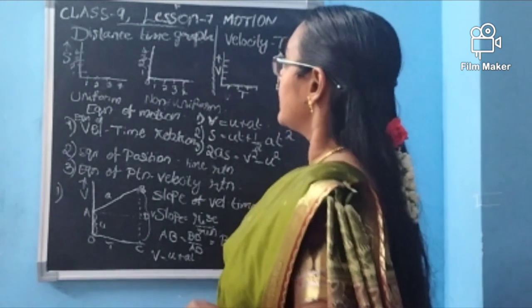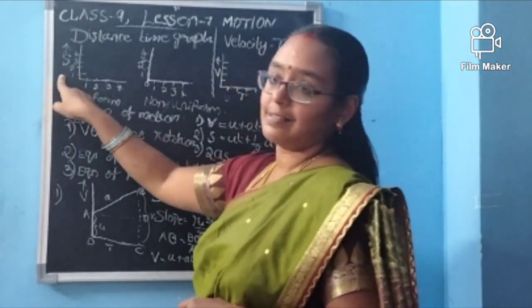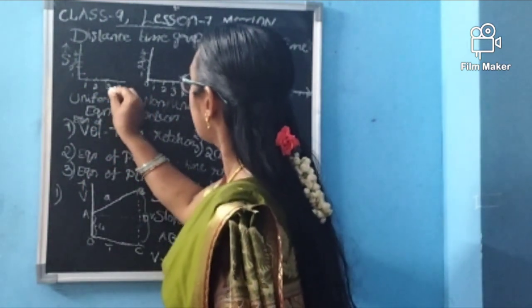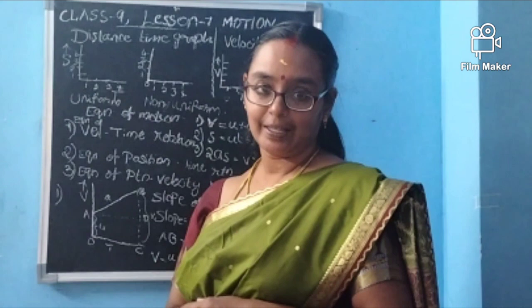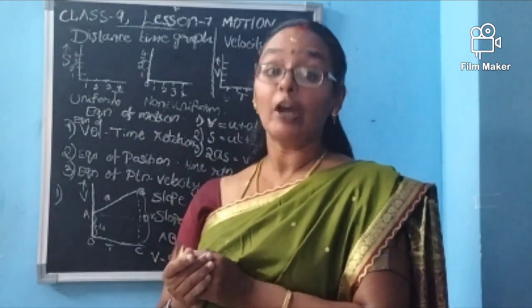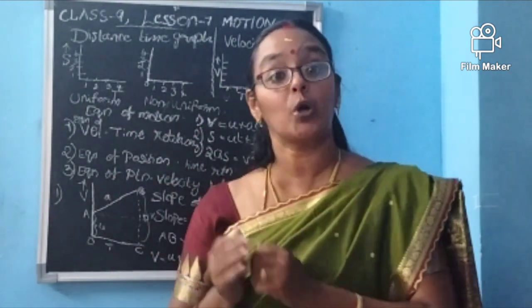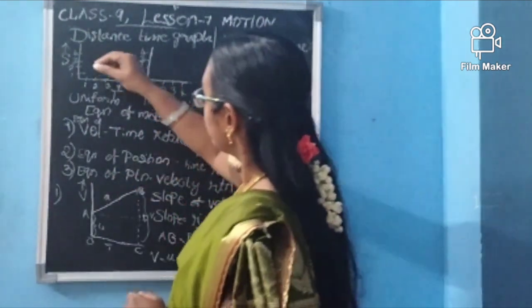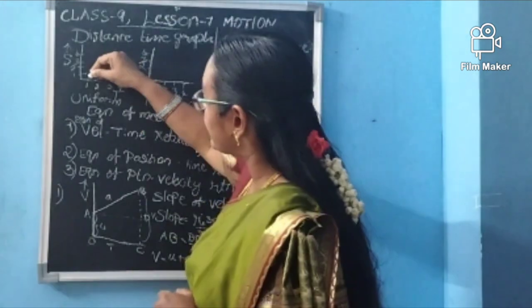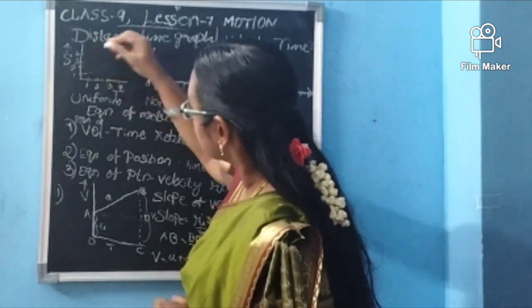Here in the first graph, I have written distance or displacement on the y-axis while time is on the x-axis. As the time is moving, the distance is also moving. We are seeing whether the distance is moving uniformly or non-uniformly. Starting from the initial 0 point, at 1 second it has reached this.